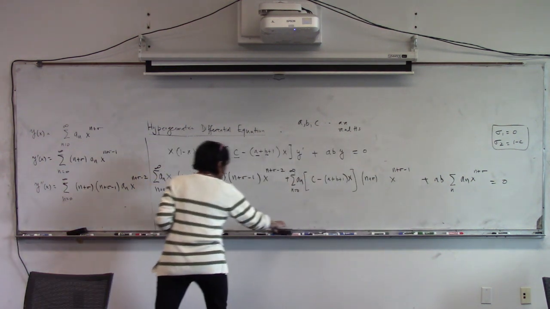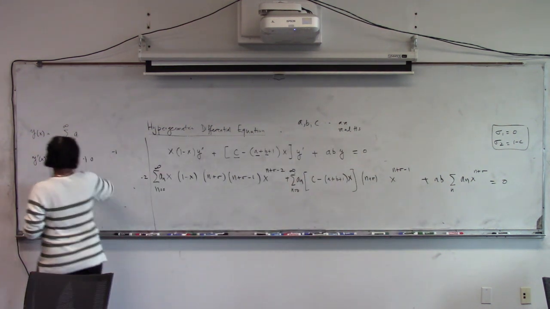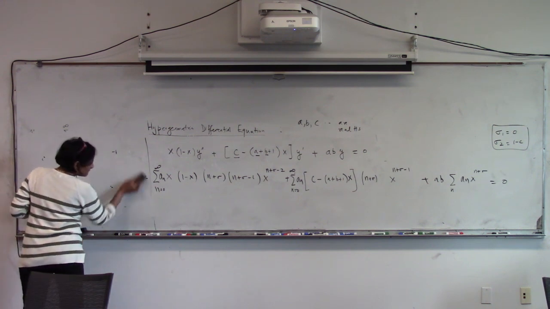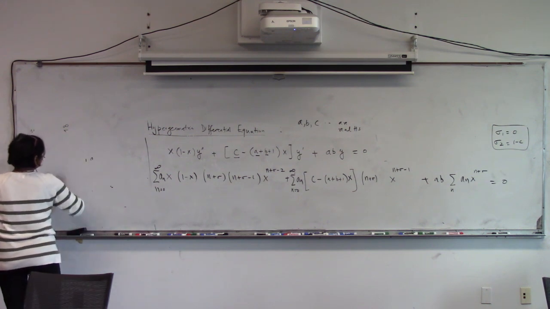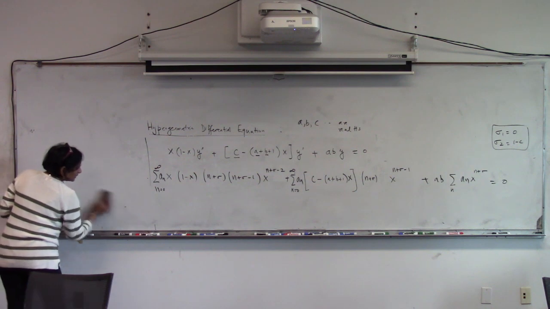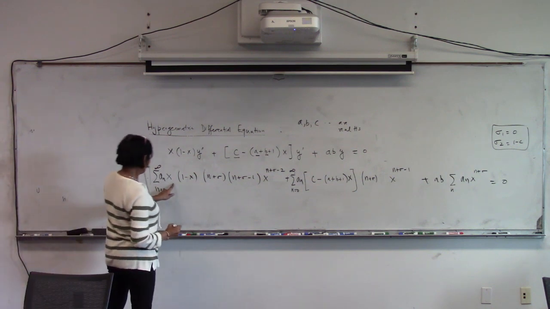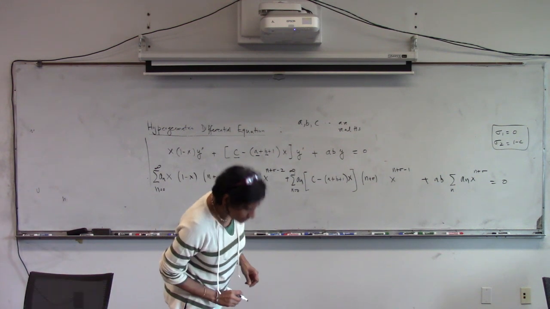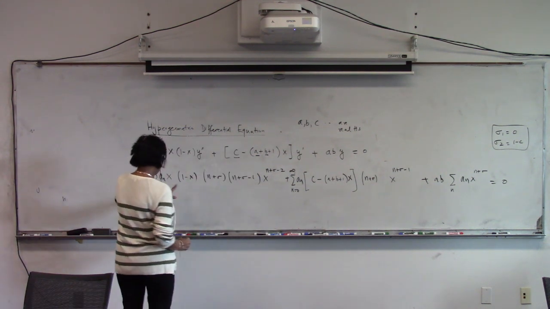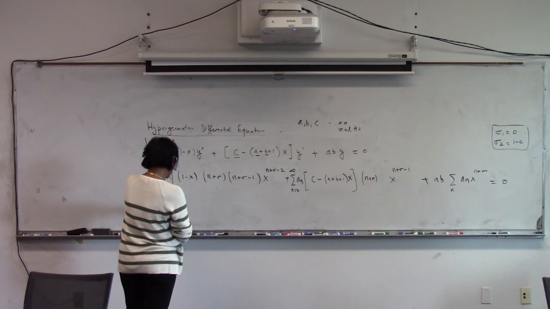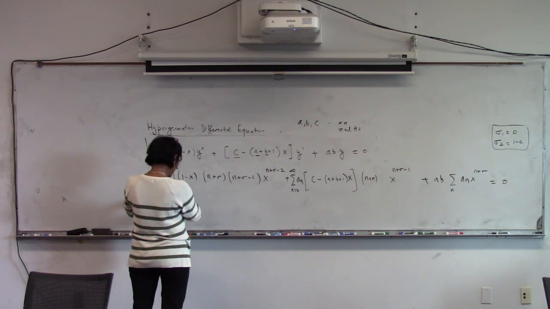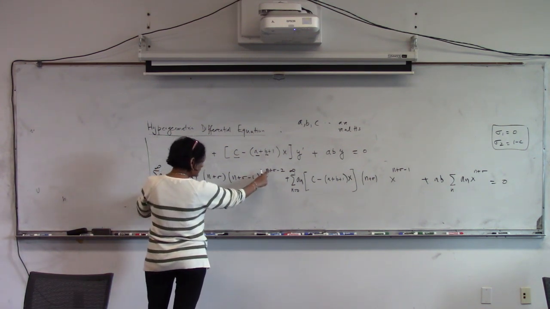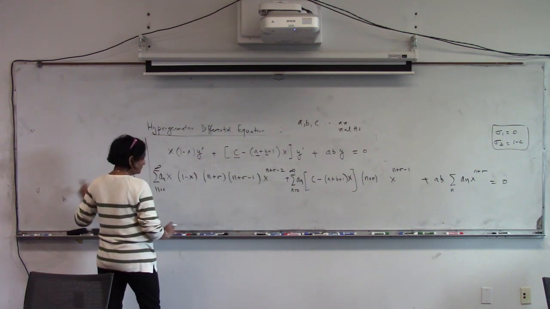All right, let us now start collecting the terms. So I have, it's 1 minus, okay. All right, so I have a term which is a sub n x, right? So that will become x to the power n plus sigma minus 1. So let me just keep them separately.